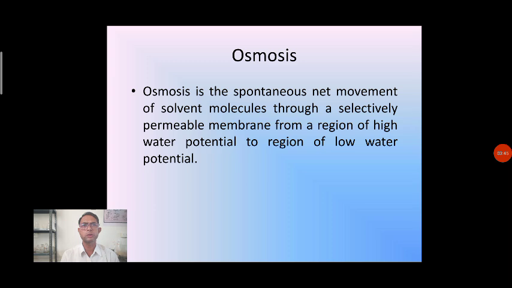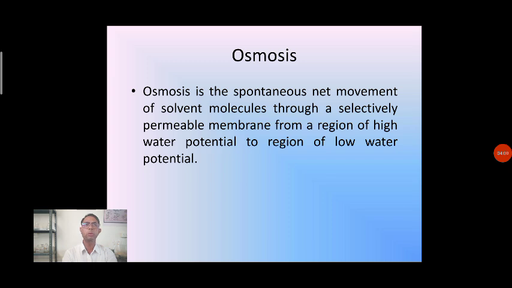Now what is osmosis? Osmosis is the spontaneous net movement of water molecules through a selectively permeable membrane from a region of high water potential to a region of low water potential. Simply we can say the water potential which we studied in the last lecture is an important parameter in osmosis.